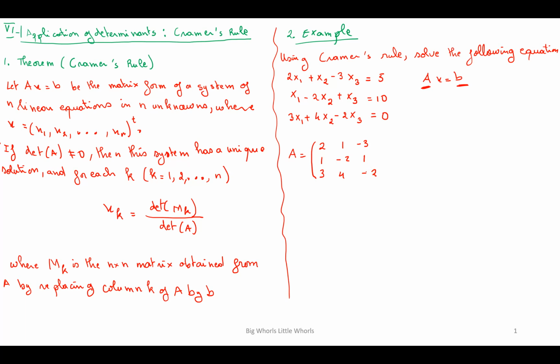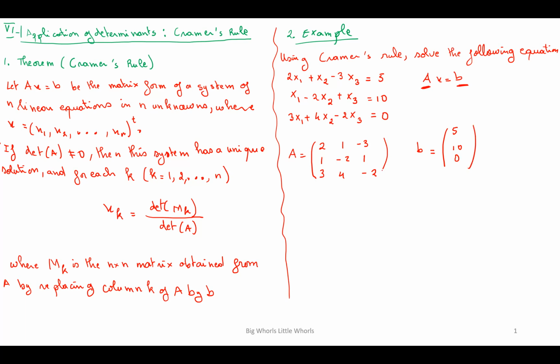And B is formed by the constants here, so we have 5, 10 and 0.